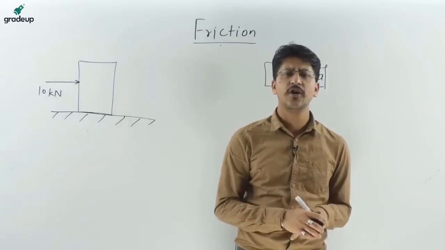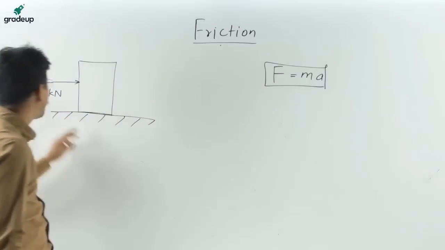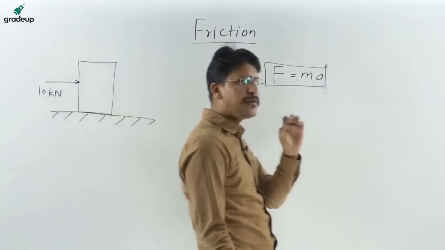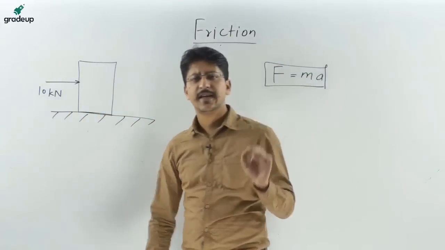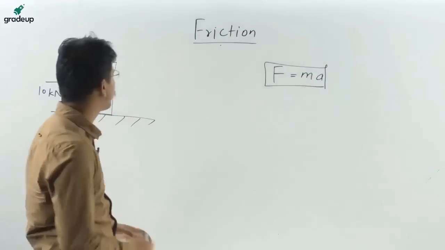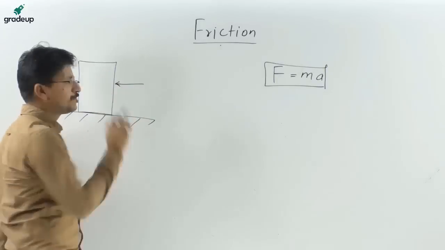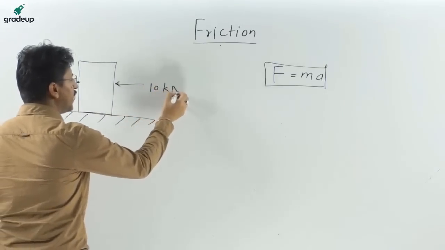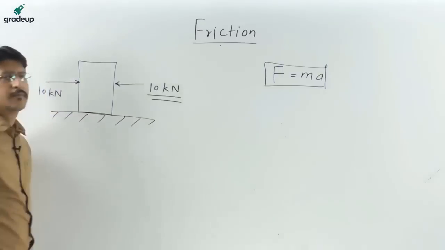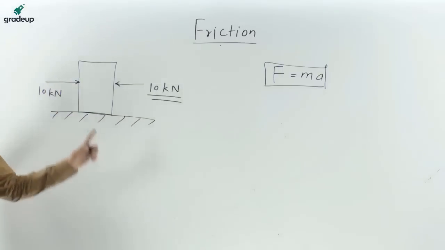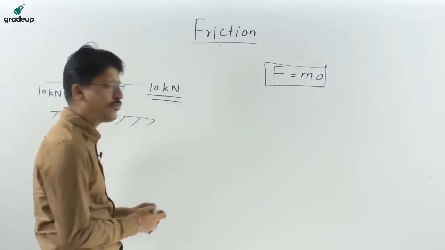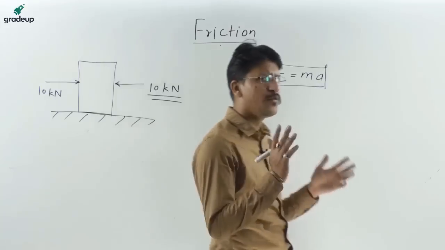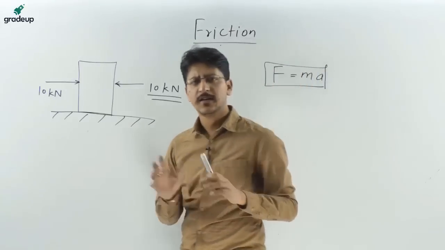But we are applying a force of 10 kilonewton and the body is not moving, which means it is getting some resistance from this side as well, and that is equal to this 10 kilonewton. That is why the body is not moving. We apply this force, it experiences a force of equal magnitude from the opposite side, and the body is still at rest.